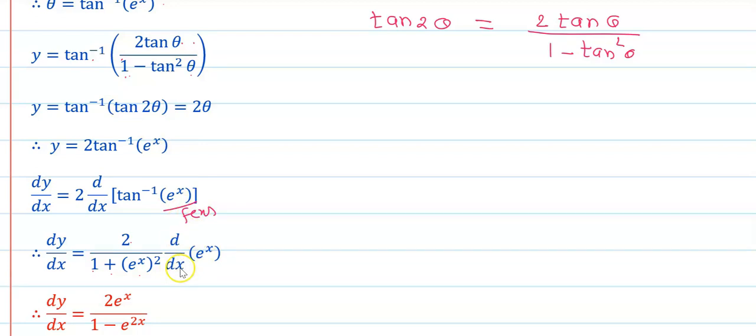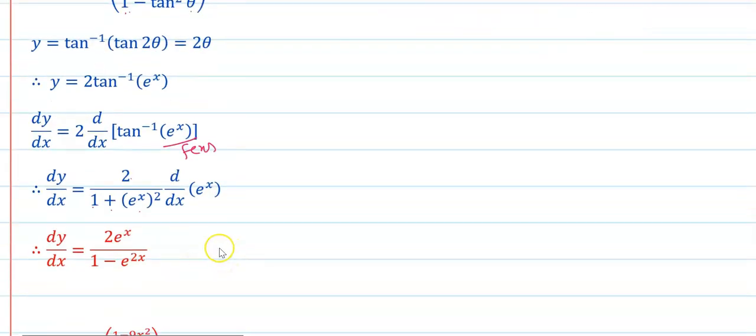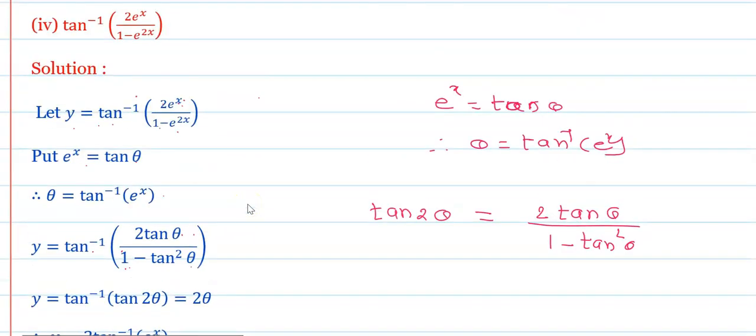Therefore, we need the derivative d by dx of e raised to x. The derivative of e raised to x is e raised to x, and hence 2 e raised to x upon 1 plus e raised to 2x. Okay, you can see this.